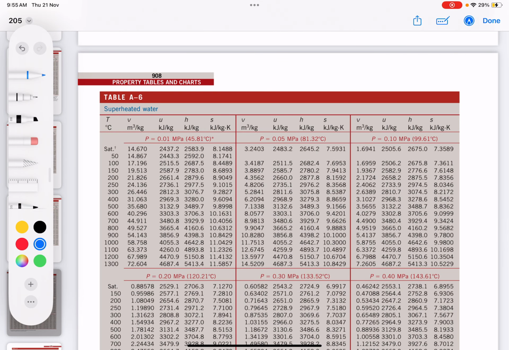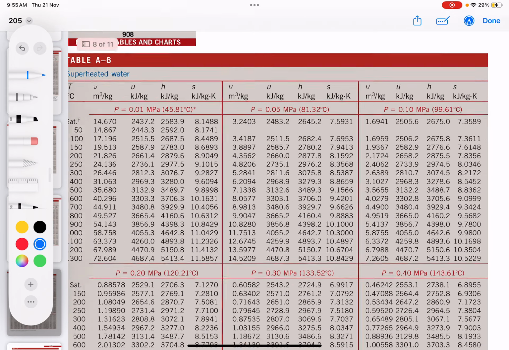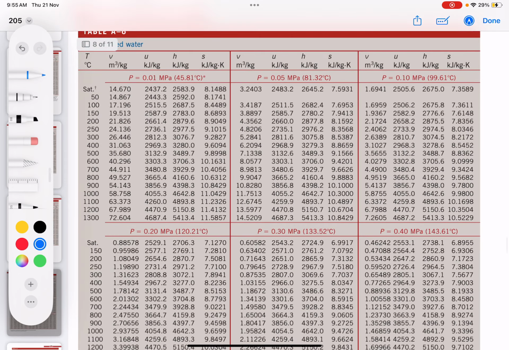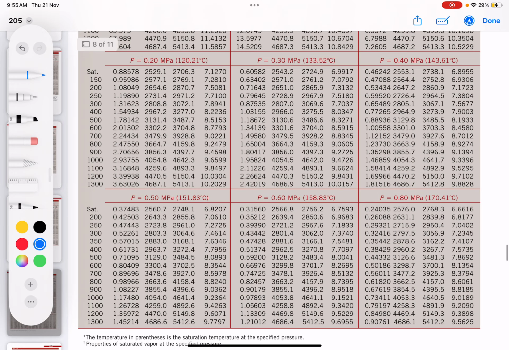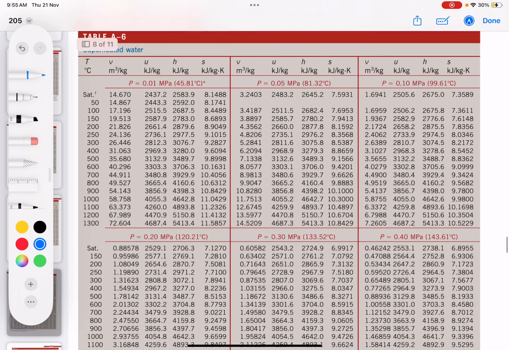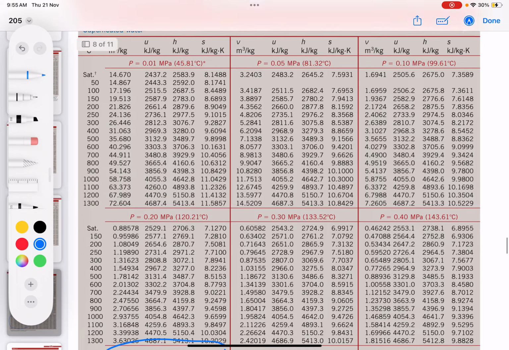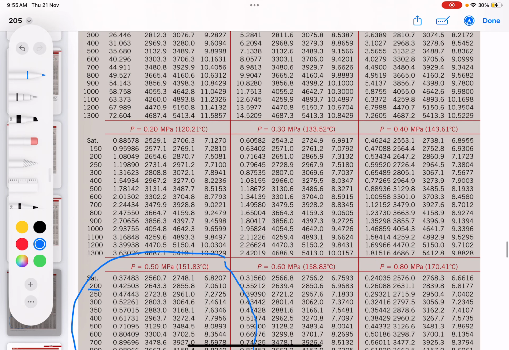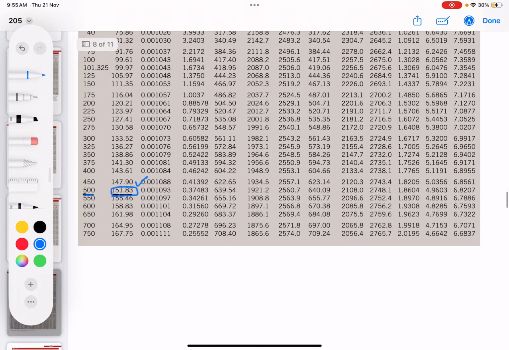Pressure equals 0.5 megapascal, I have to use this area, and then temperature of 200 degrees Celsius, and I should get the value of specific volume equals 0.42503.